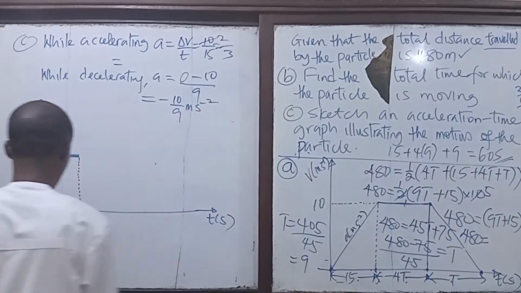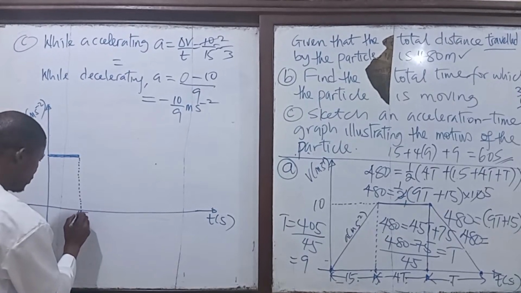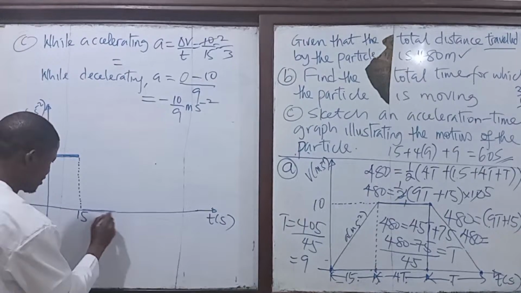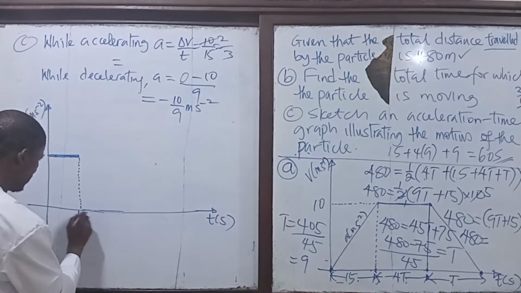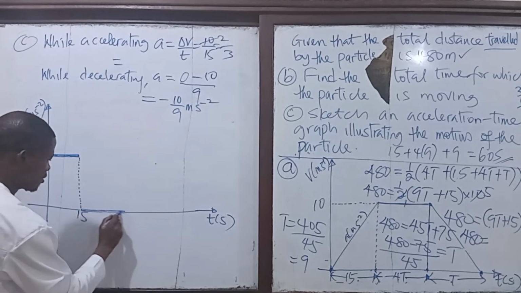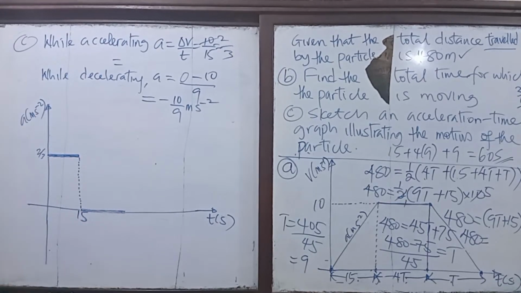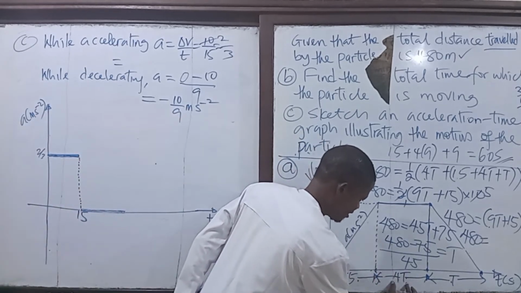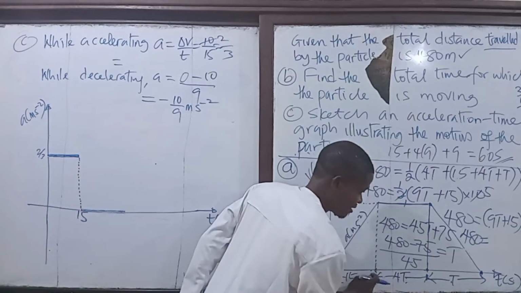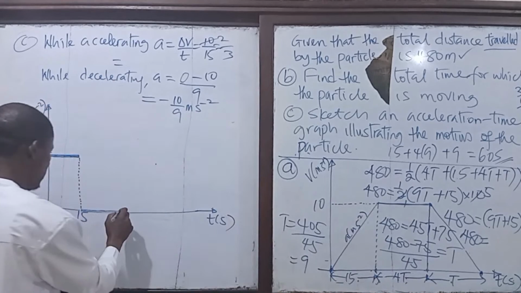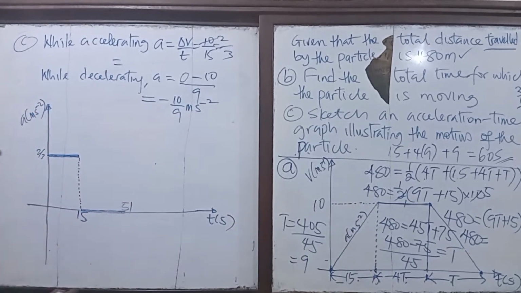Acceleration is 0 in that place. This is 15, this is 36, so 15 plus 36 is 51. So this place is 51 seconds.